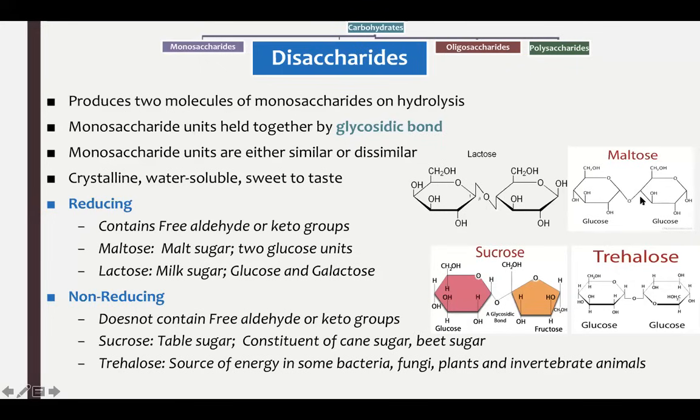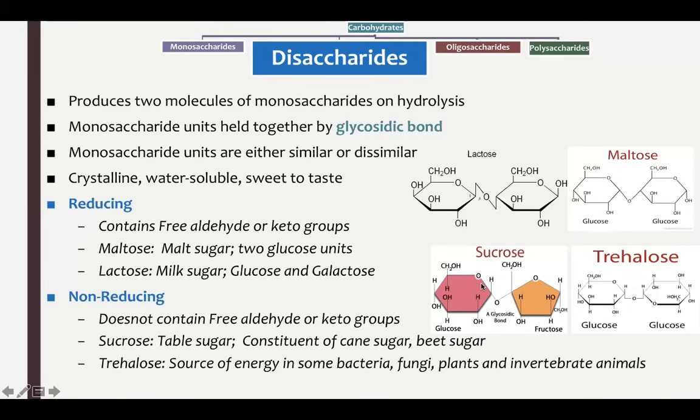And these are crystalline, water soluble, and sweet to taste. You can also see this is a sucrose molecule and this is a trehalose molecule. The only difference between maltose and trehalose is the alpha and beta unit. So can you tell me which one is alpha and which one is beta? Maltose alpha, trehalose beta.